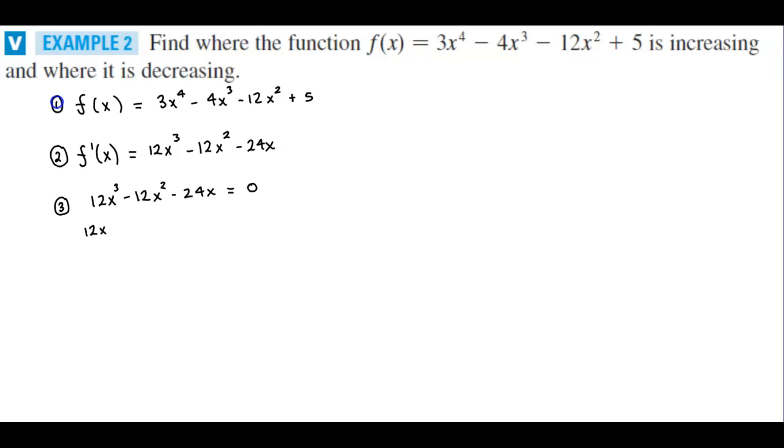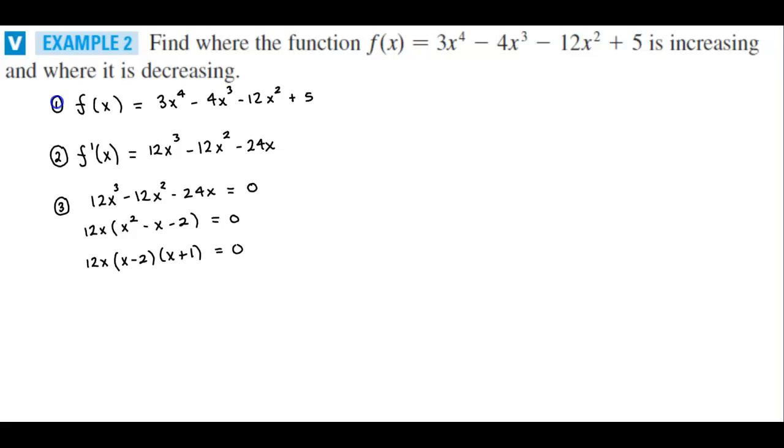If we factor out a 12x, we have x squared minus x minus 2 equal to 0. And now we can factor this to be x minus 2 times x plus 1, equal to 0.